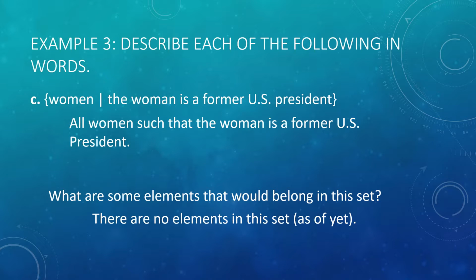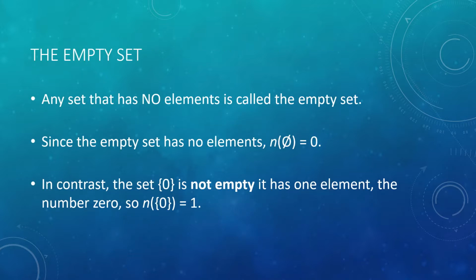There have been no U.S. presidents that were women. So this is an example of what we call the empty set. When a set has no elements that belong to it, that is called the empty set. Once again, a definition here: any set that has no elements is called the empty set.